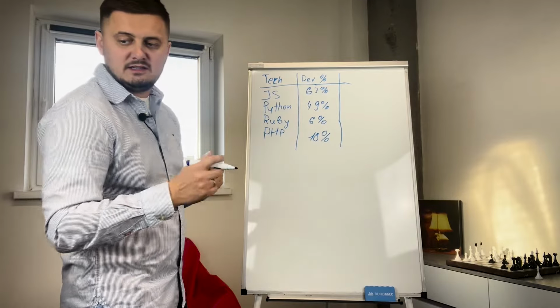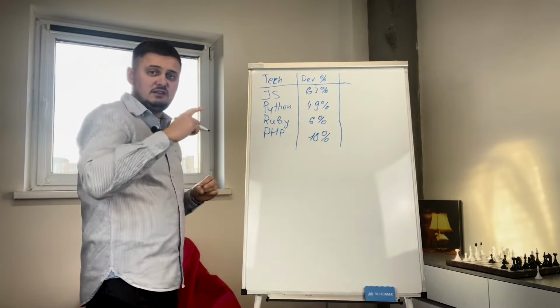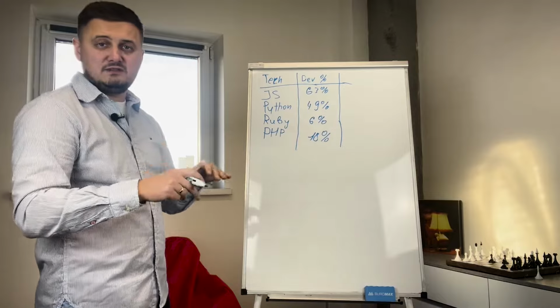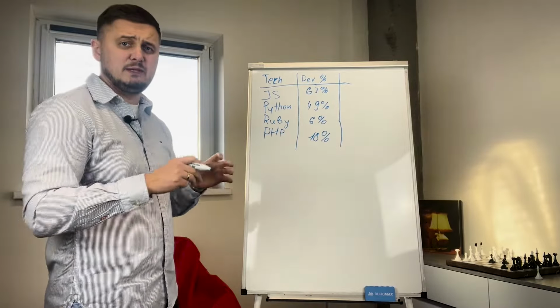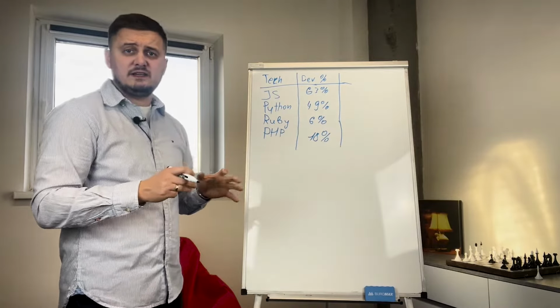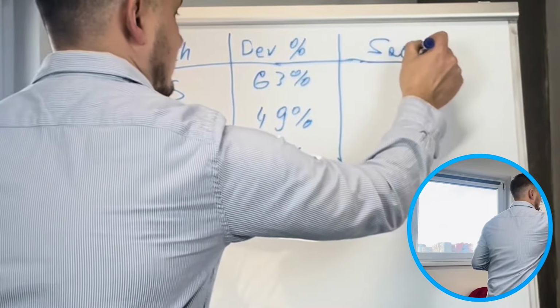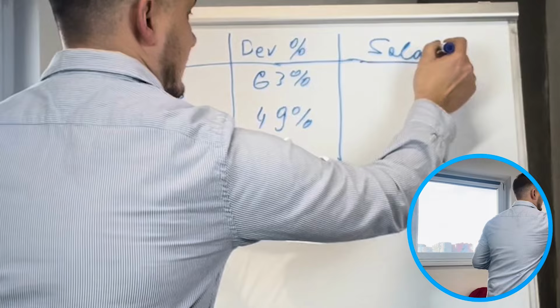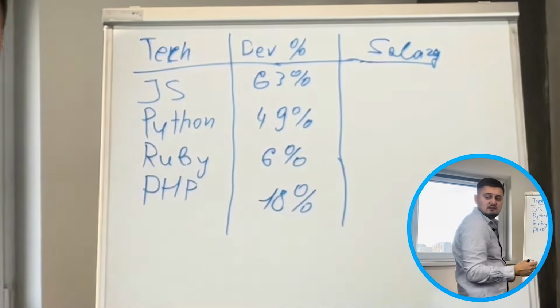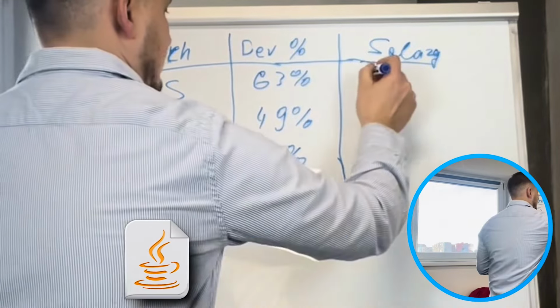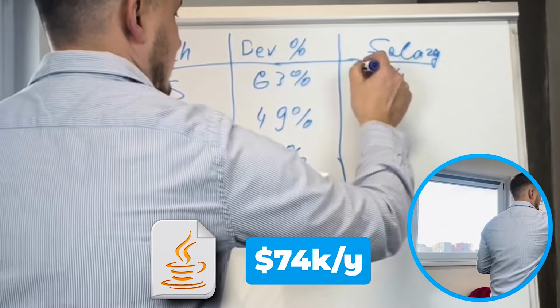So then let's review a salary for each of the technologies, also based off of the survey that was submitted by people on the Stack Overflow website. So the first one is salary, and we're talking about yearly salaries, right? So the first one is 74K a year.